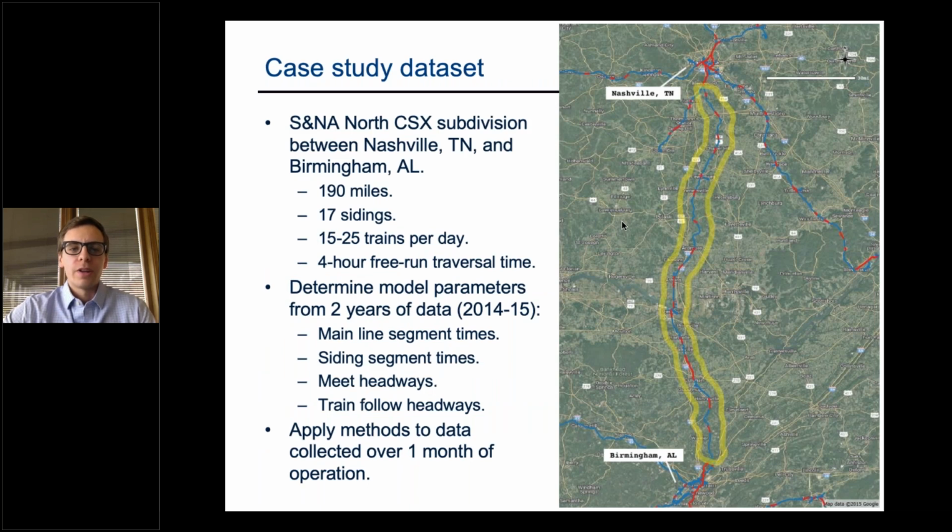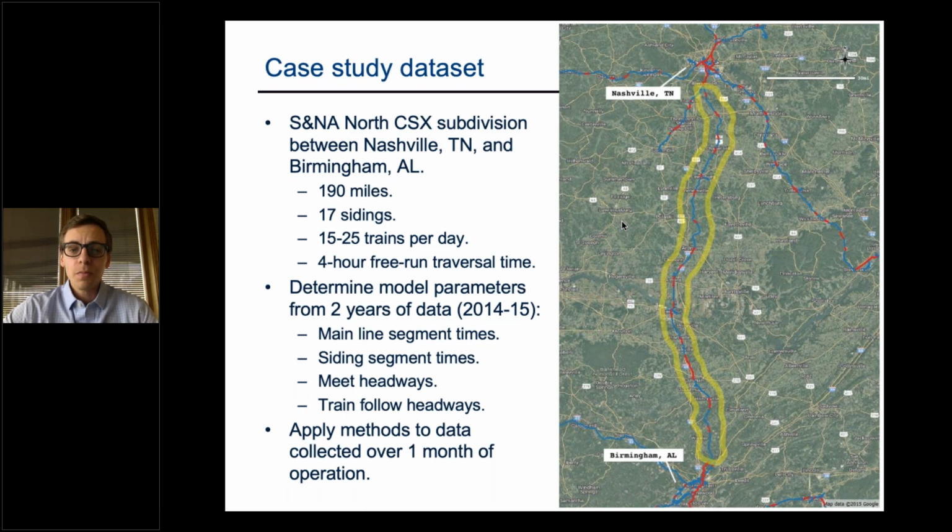Very briefly, our case study data set is a couple years of dispatching data from the Essendon North CSX subdivision between Nashville, Tennessee and Birmingham, Alabama. This is single track territory where we have 17 sidings between those 2 cities across approximately 190 miles. This is a high volume track segment with 15 to 25 trains per day.